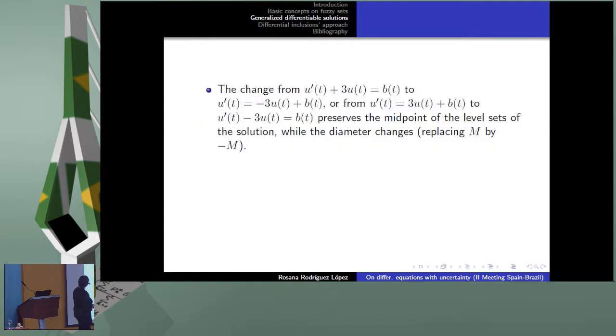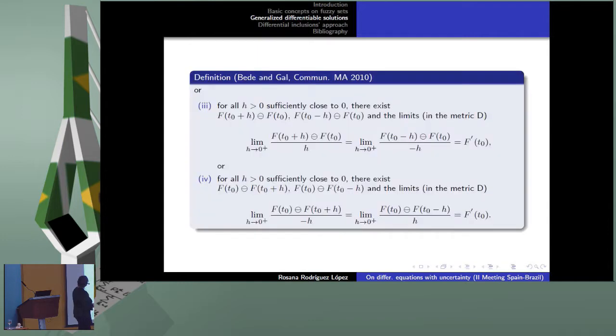Okay, so these are the other two cases, where they mix the properties of 1 and 2 differentiability on one side and the other side. These cases correspond with the existence of what is called a switching point. When you have a solution made by pieces, and in some sense you pass from a part which is 1 differentiable to another which is 2 differentiable, then we call it one type of switching point, or the reverse situation, when you pass from 2 to 1.